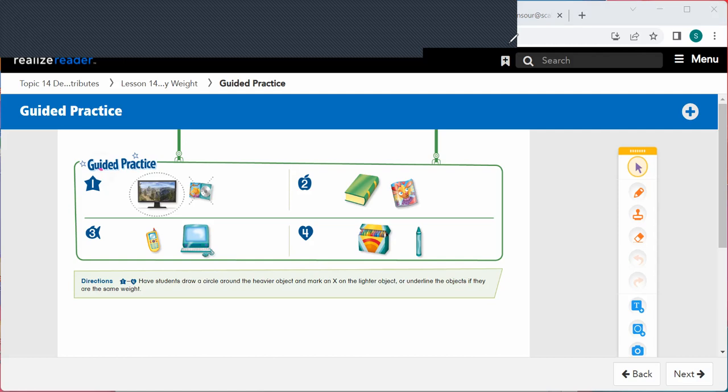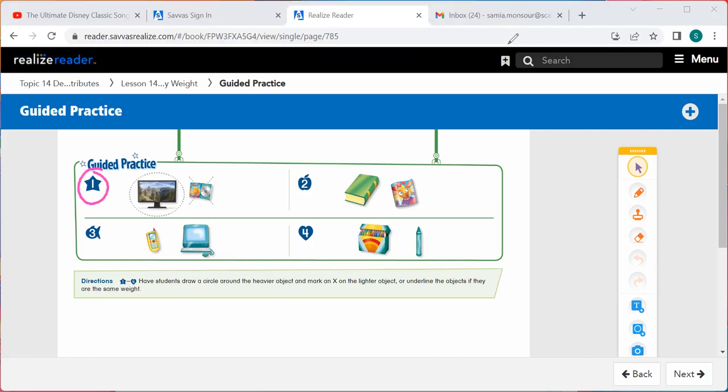Let's look at number 1 in our guided practice. So you're going to draw a circle around the heavier object and mark an X on the lighter object. Or you're going to underline the objects if they are the same weight.